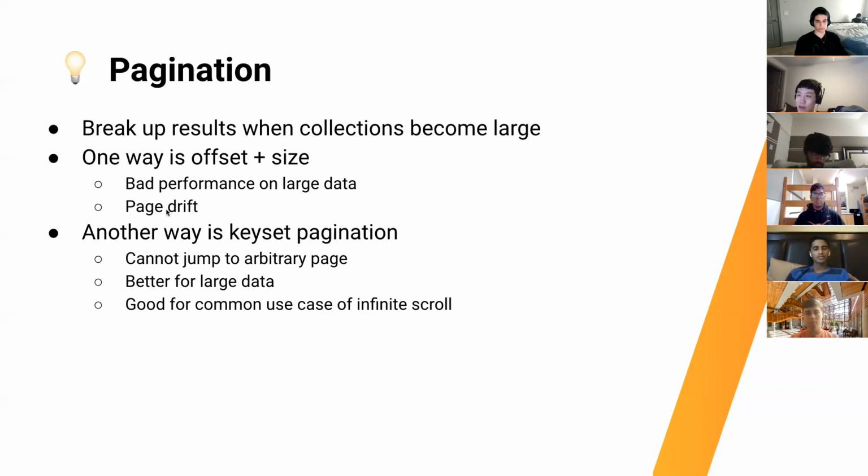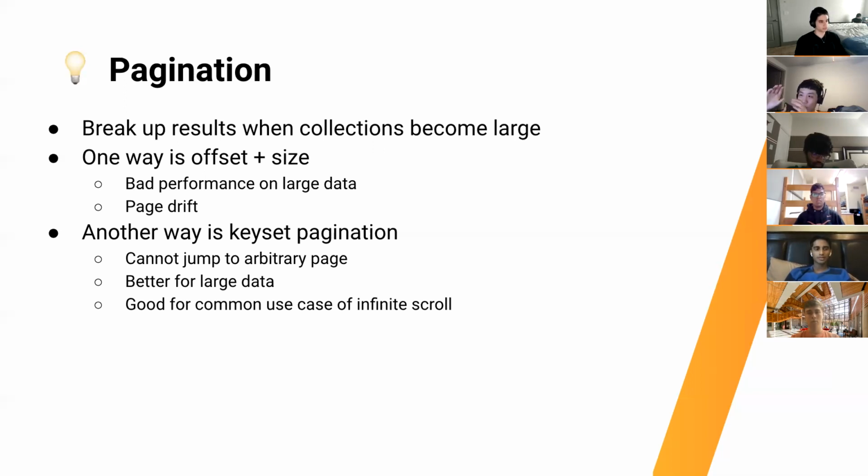Another thing that could happen is, for example, you're reading the first page and one of the posts in the first page gets deleted. When you go to the second page, there would be a hole.